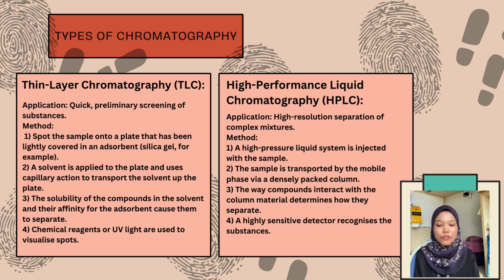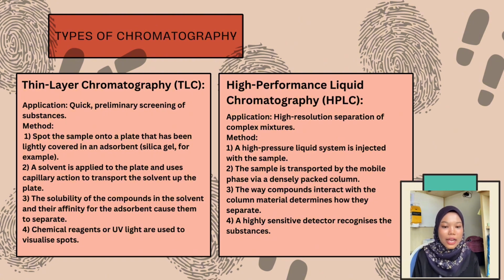Then a solvent is applied to the plate and uses capillary action to move up the plate. After that, the solubility of the compounds in the solvent and their affinity for the adsorbent cause them to separate. Lastly, chemical reagent or UV light are used to visualize the spots.